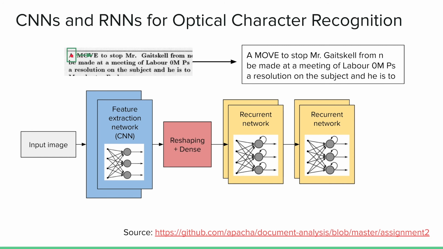So we start with a small input window that extracts features from the image, and we move that sliding window along the x-axis. And then we use a so-called best path decoder, because there might be repetitions and other things in our output that we need to decode to actually obtain the correct recognition from our input image.